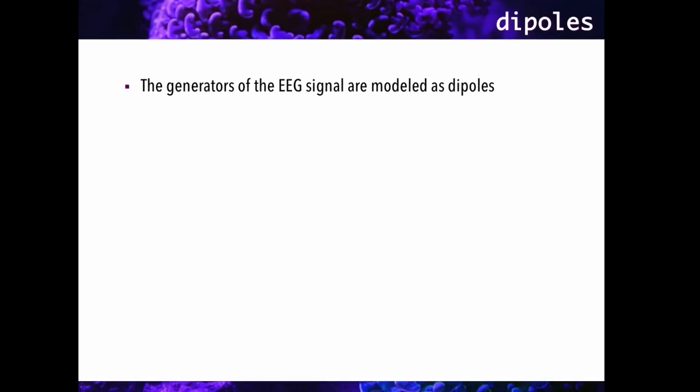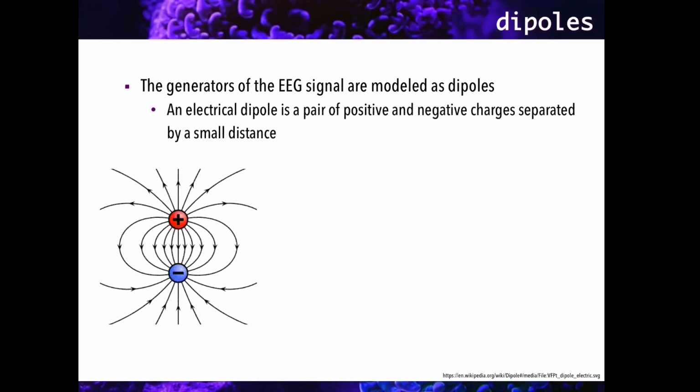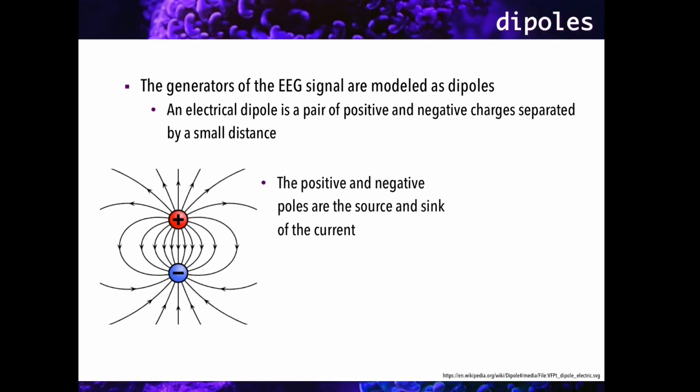The neural generators of the electroencephalography signal can be modeled as electrical dipoles. A dipole is defined as a pair of positive and negative electrical charges separated by a small distance. The positive and negative side of these dipoles are the source and the sink of the current.